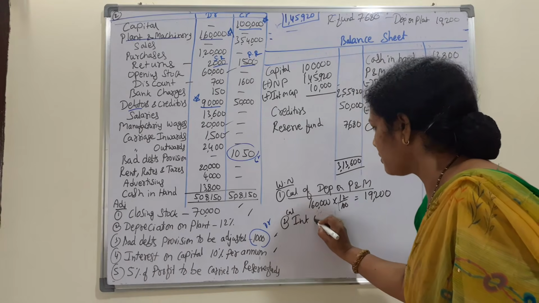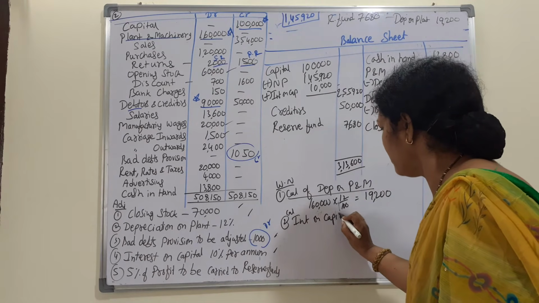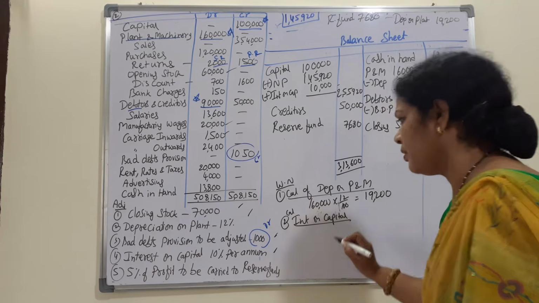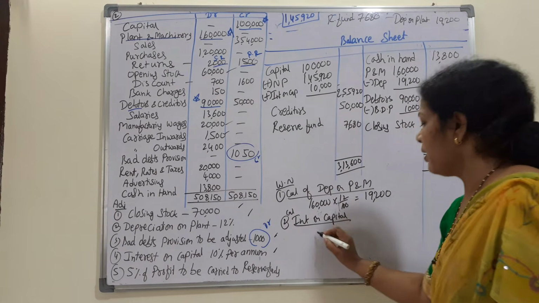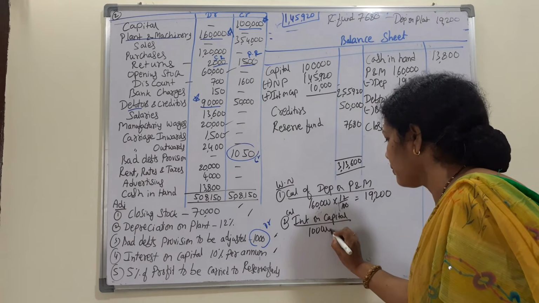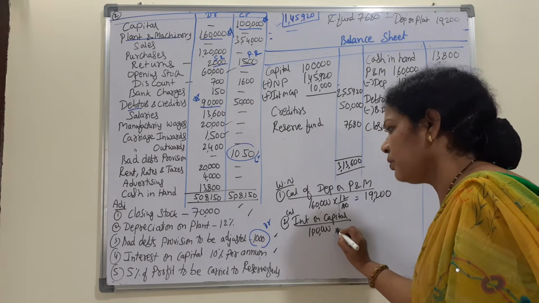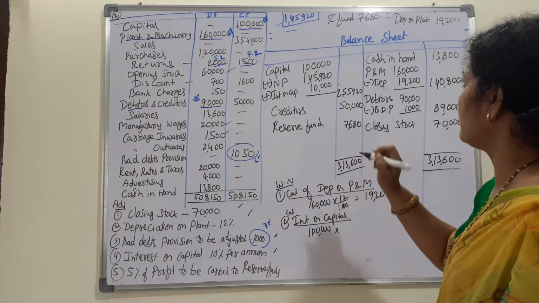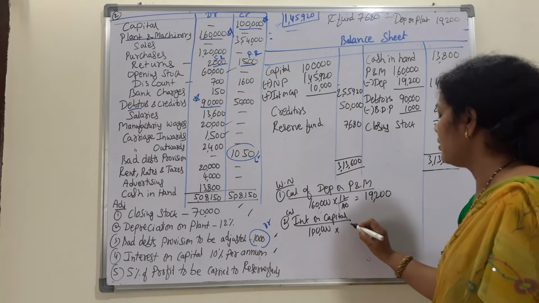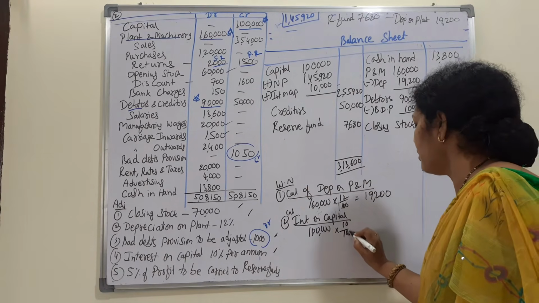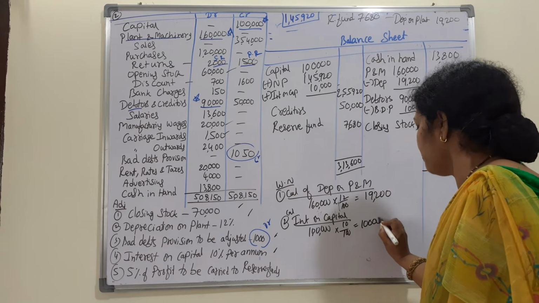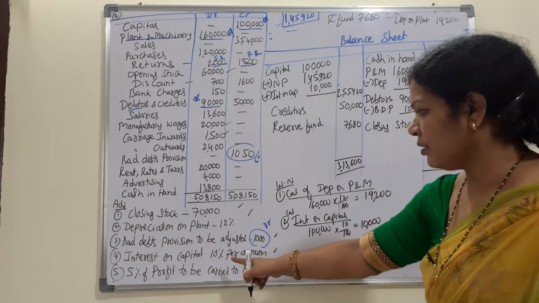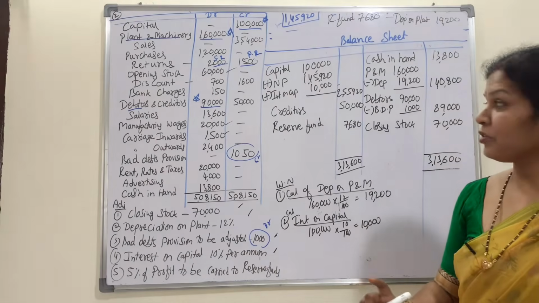Calculation of interest on capital. Capital is 1 lakh into 10%. It is 10,000.